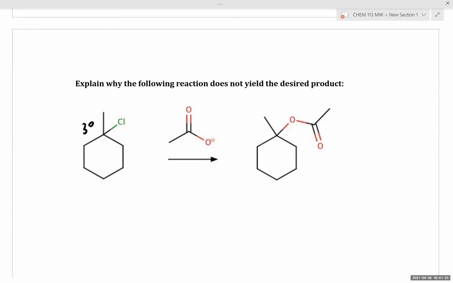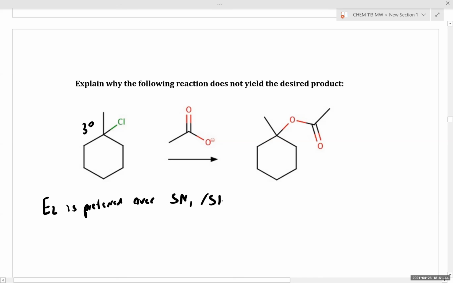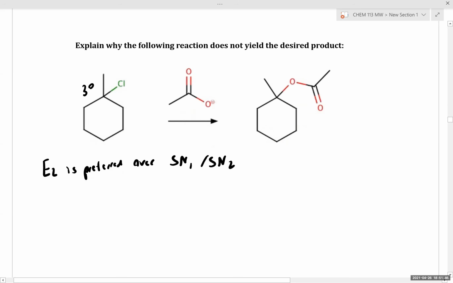Exactly right. With the tertiary substrate, we primarily see E2 is preferred over SN1 or SN2 in this case.